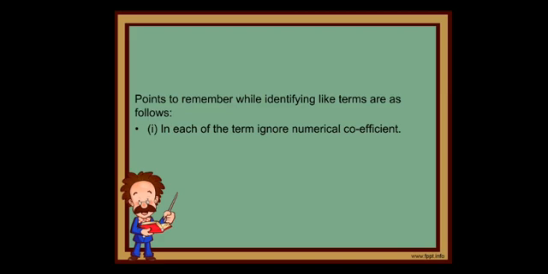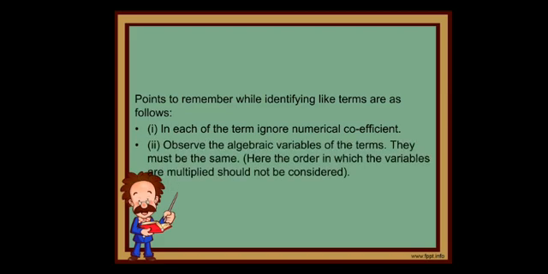What we have to observe is their variables, and those variables should be the same. The order in which they are multiplied should not be considered. Okay. These are the two points that you have to remember while identifying like terms.